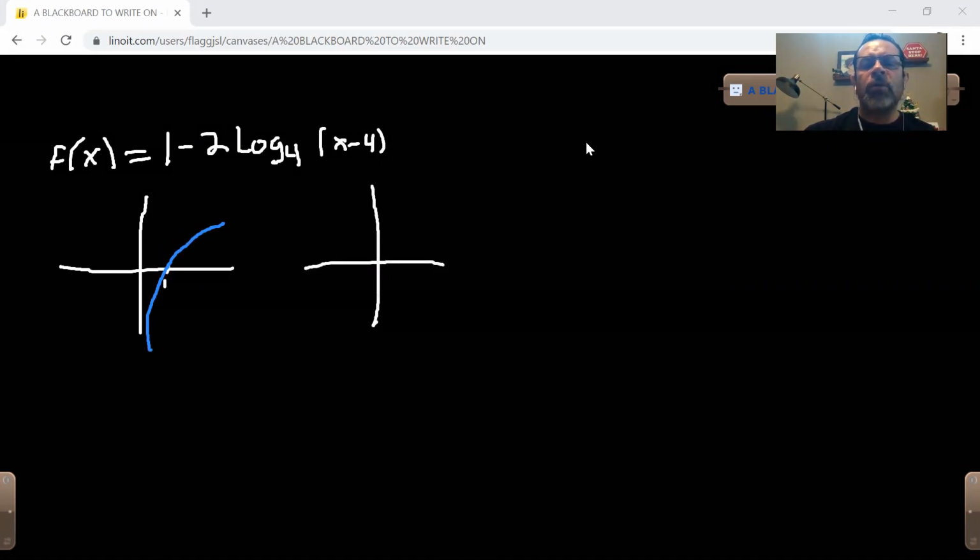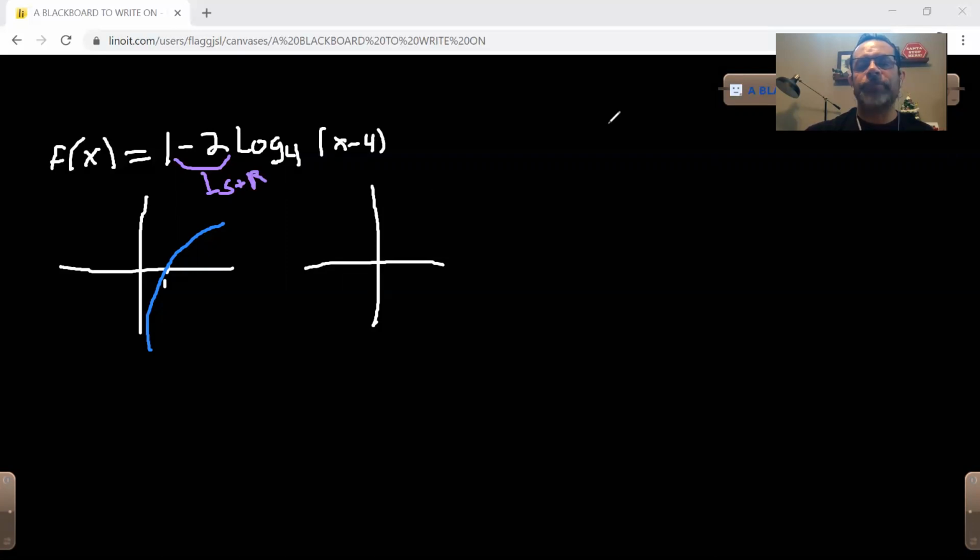And so let's look at this part here. First, we've got this negative here, and we've got a 2. So the 2 is going to generate a stretch. I'm going to do this since you guys already know this. There's 2 things here. There's a 2 and a minus. So this is going to be a stretch and a reflection.